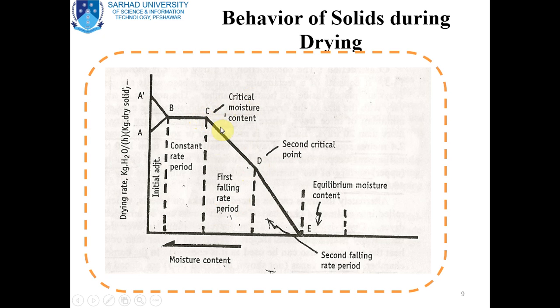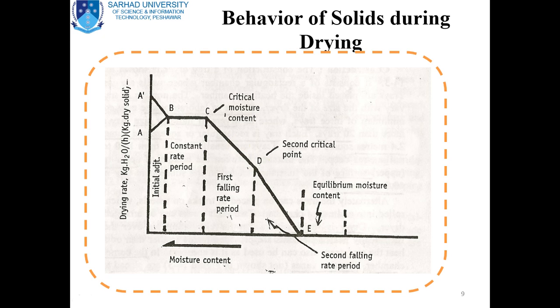From C to E, the falling rate period, is subdivided into two phases. From C to D is the first falling rate period, and from D to E is the second falling rate period. The whole of C to E is termed the combined falling rate period.